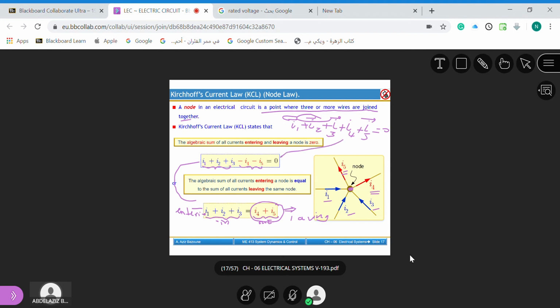It turns out to be like this or like this one. So the algebraic sum of all current entering and leaving the node is 0, or you can say the algebraic sum of all current entering a node is equal to the sum of all currents leaving the same node. This is the node law, or the Kirchhoff current law.